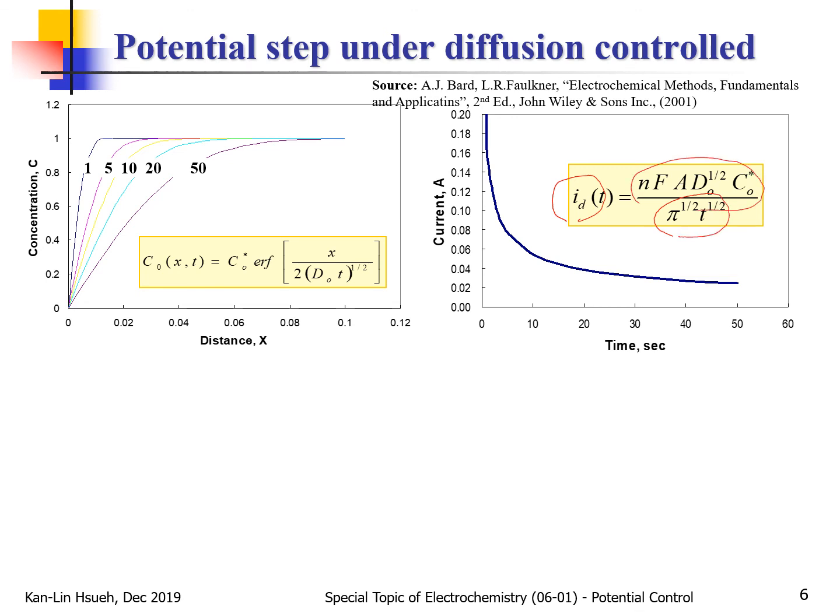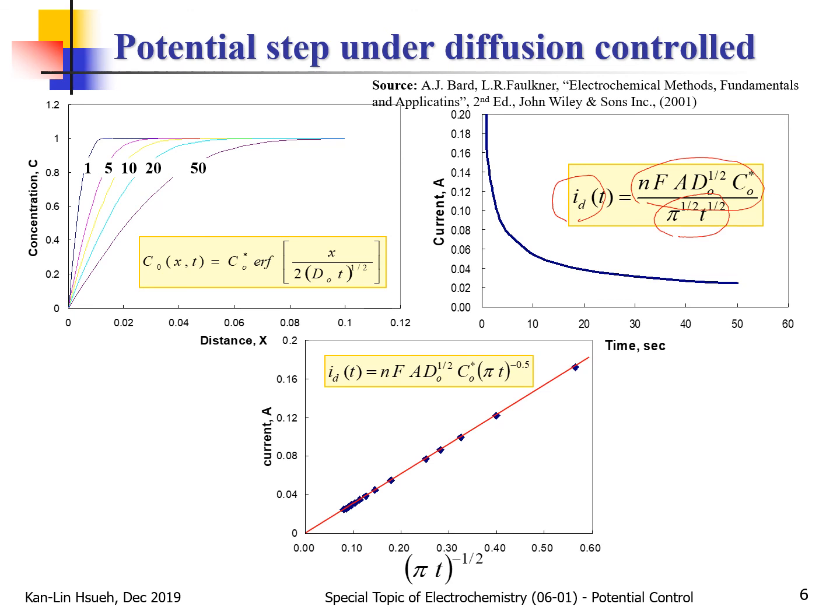The intercept should be 0 and the slope equals nFAD to the one-half and C star, where D is the diffusivity. So with this equation, there are different things you can look at.